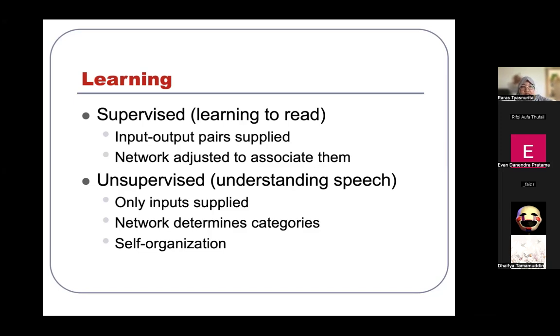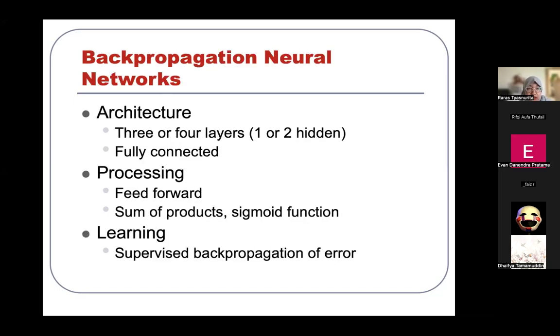That is different in unsupervised learning, because only inputs are supplied, which means you don't know the output. So the network will determine the categories of the inputs. We call it self-organization. It's like understanding speech. We don't know the output, so what you can do is find the categories of the input.